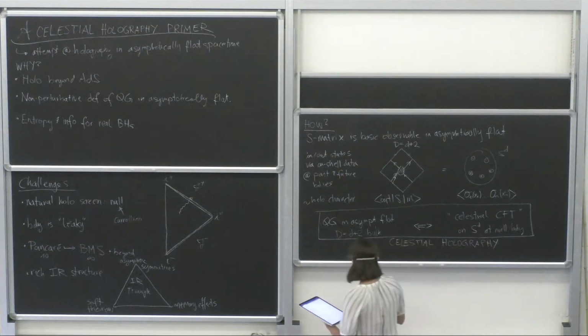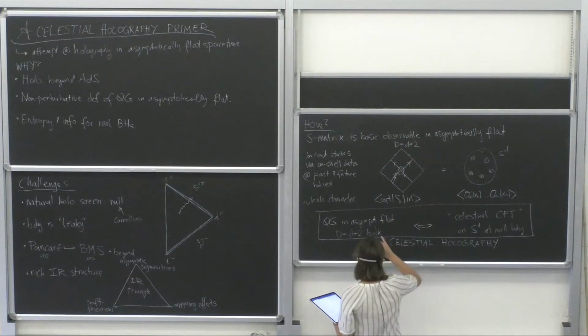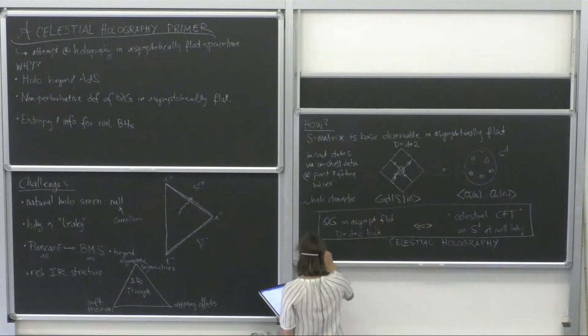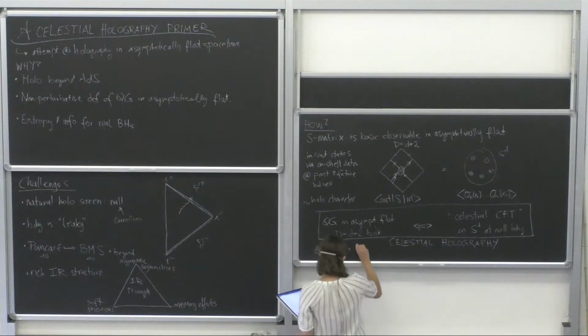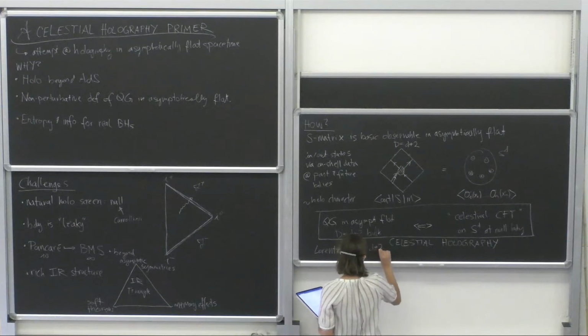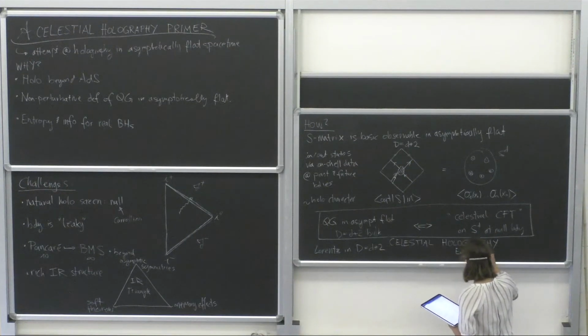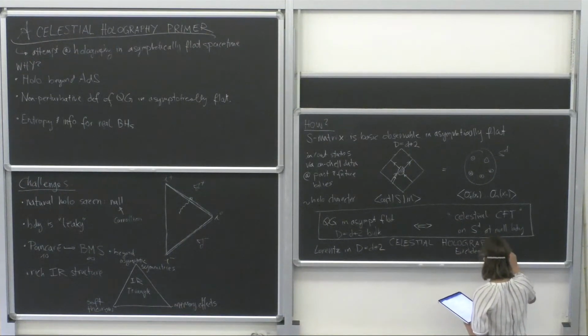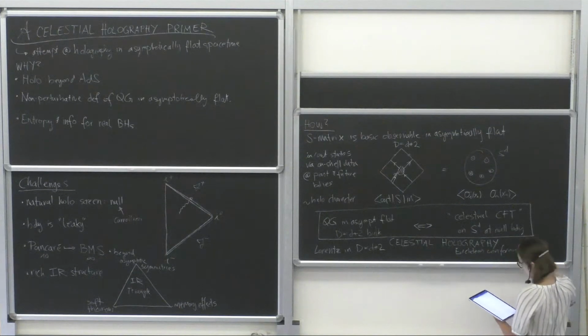So let me also say here what this relation exploits, and we'll get back to that in a moment. What this relation exploits is that the Lorentz group in capital D dimensions is isomorphic to the Euclidean conformal group in little d dimensions.